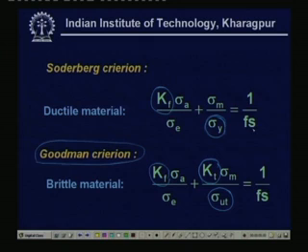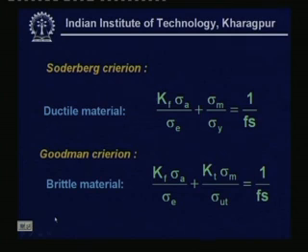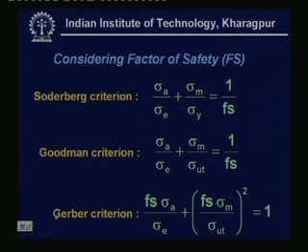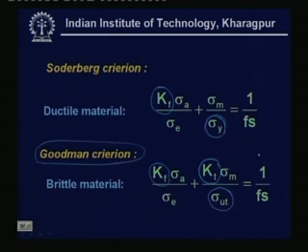So, the equations we have just seen are modified by certain factors like Kf and Kt: Kf and Kt in the case of the brittle material, and Kf in the case of the ductile material.